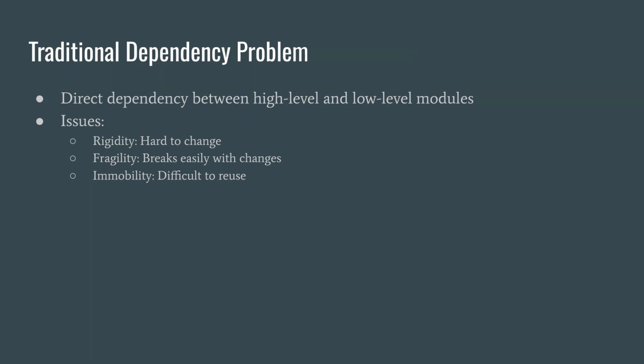The system becomes difficult to change because of intertwined dependencies. Fragility. Changes in low-level modules can break high-level module functionality. Immobility. It becomes difficult to reuse parts of the system in other contexts because of tight coupling.